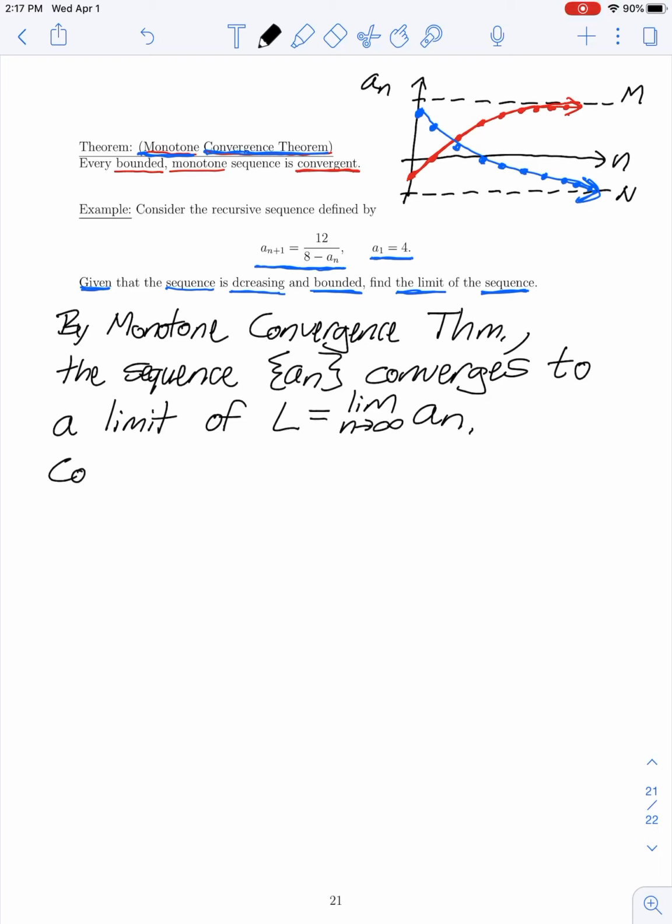So since we know it converges, the limit of this general term a_n must be some number L.